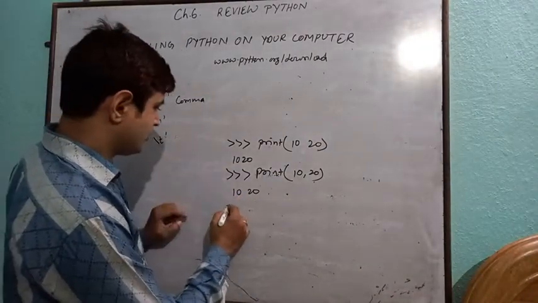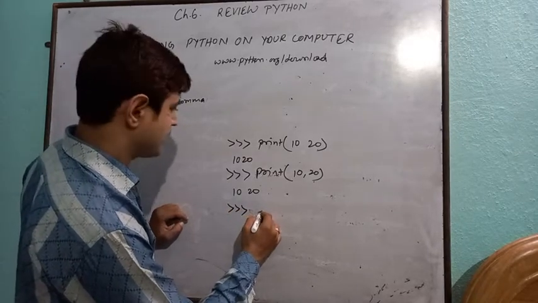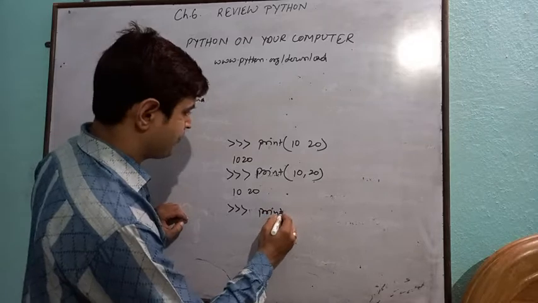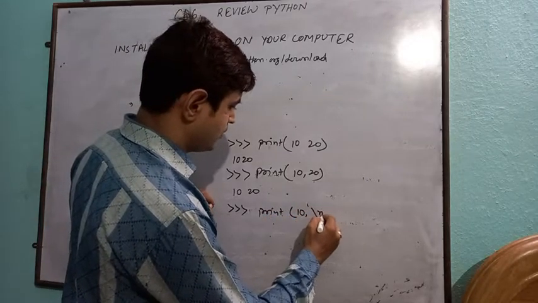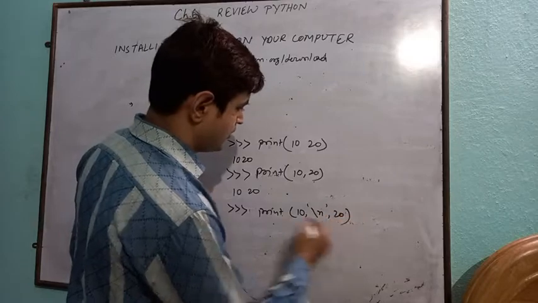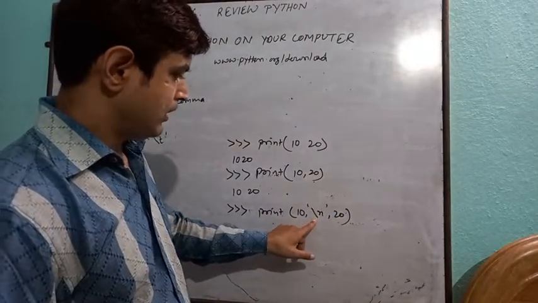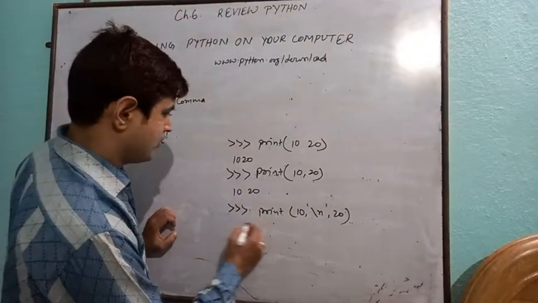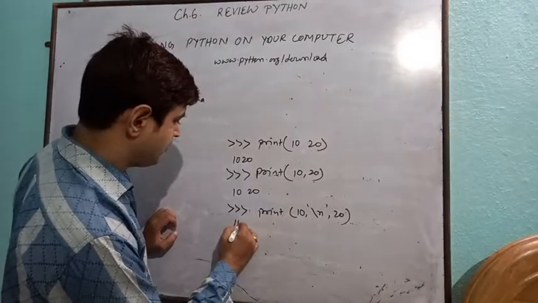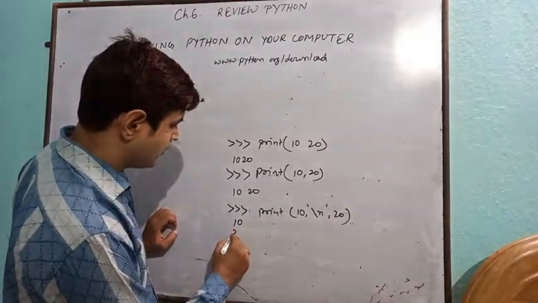And the next, the use of the next line /n. Print 10, 20. Here the separator should be written like this: comma, and give the separator between single quotes. Here the first value 10 will be displayed, and then the next value, that is 20, will be displayed on a new line.